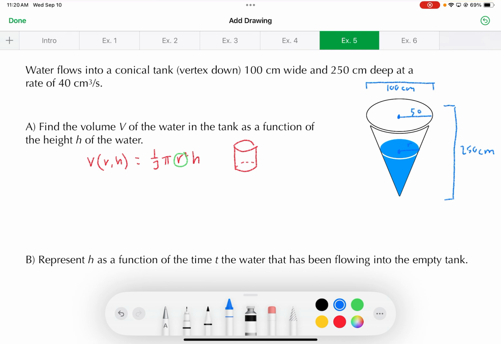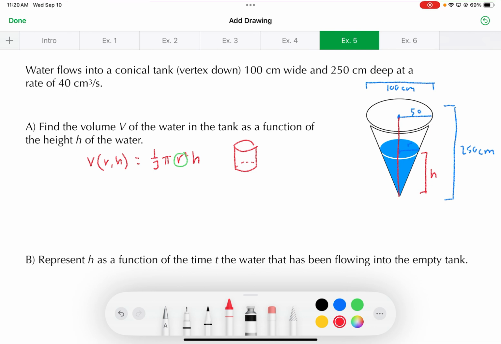So where the top of the water is, I'm just going to call the radius of that r right now. And right there is our height. And I also need the height of the water itself.